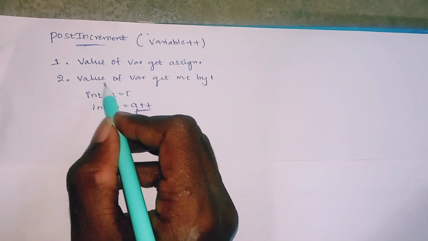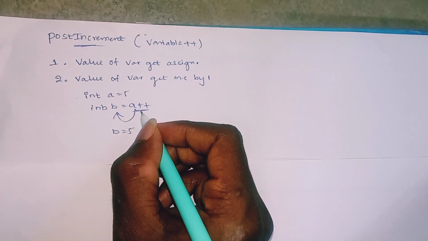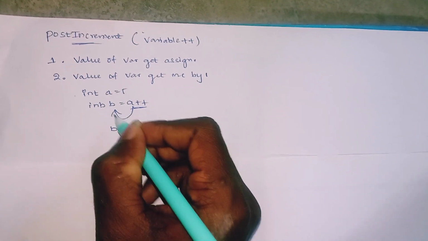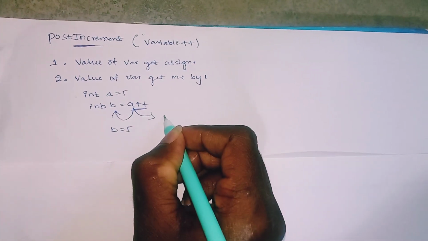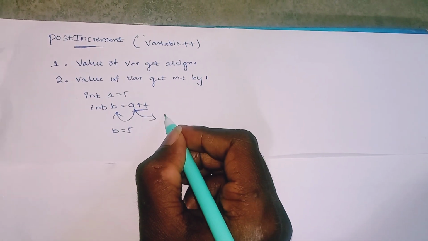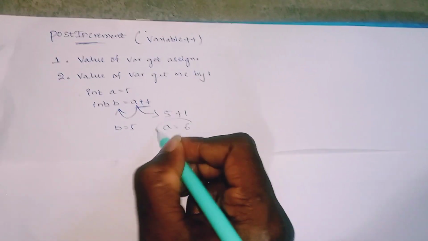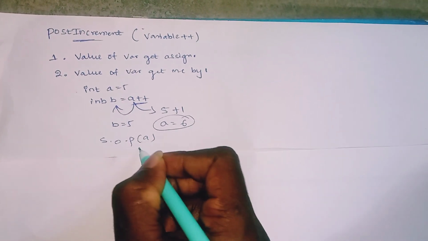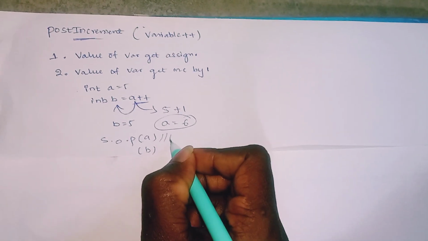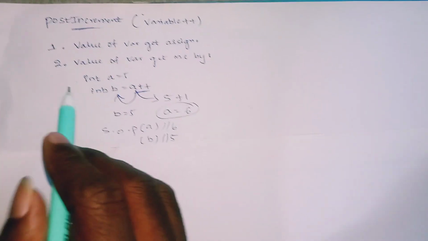Then the second step is the value of a gets incremented by 1. So a value is 5, it gets incremented by 1. Now a becomes 6. Now if you try to print a and b values, a gives output 6 and b gives output 5. So this is how the post-increment operator works.